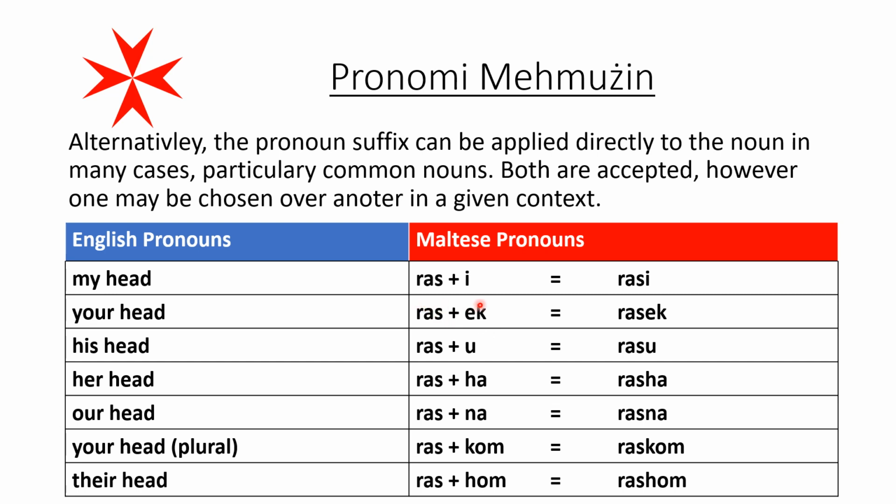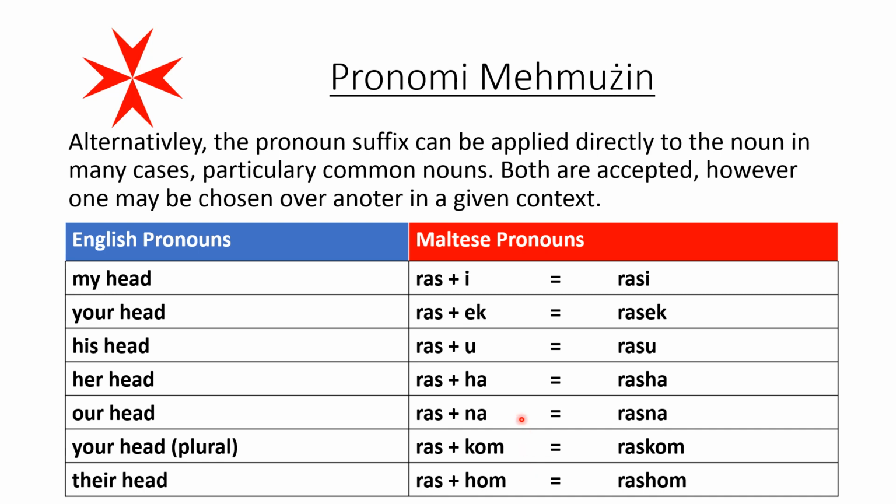So rasi, my head, rasek, your head, rasu, his head, rasha, her head, rasna, our head, raskom, your head in the plural, and rashom, their head. So each option is used interchangeably.